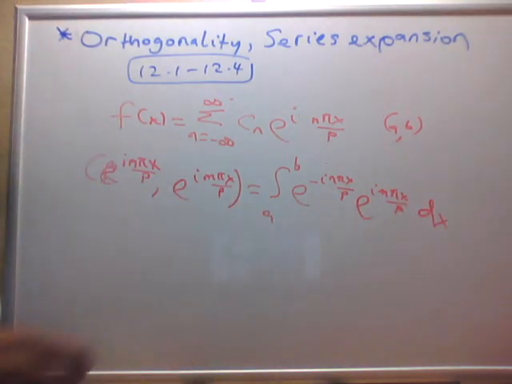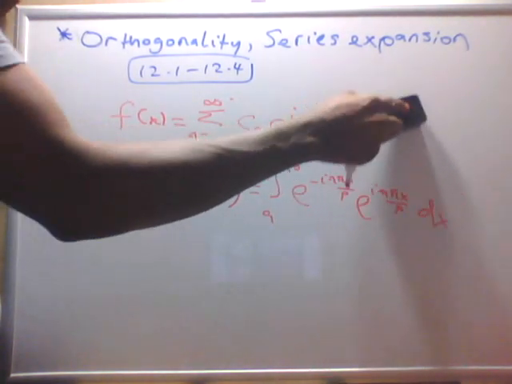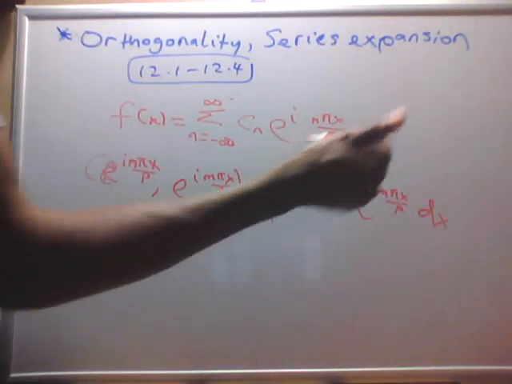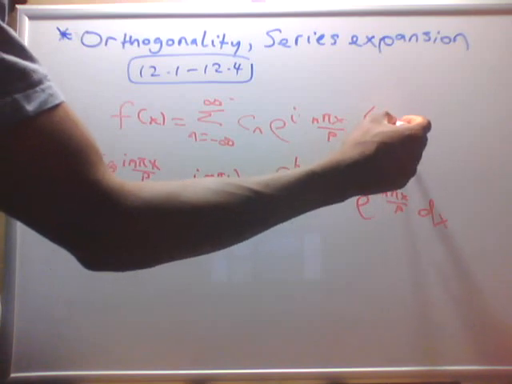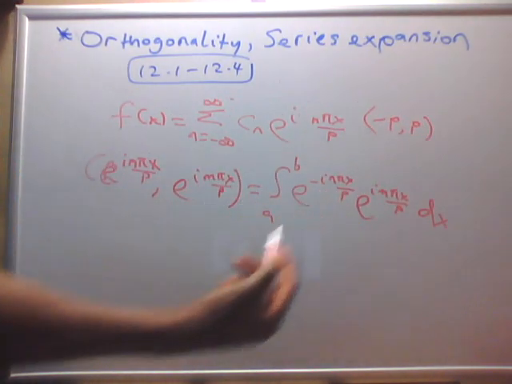Okay, and actually we know what this interval is. We don't need to use an arbitrary variable here. We were looking at minus p to p for this kind of form.